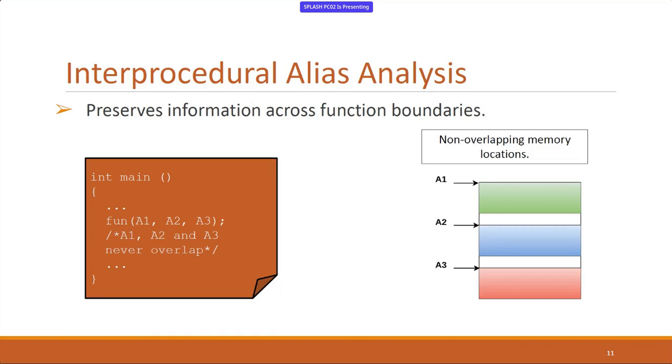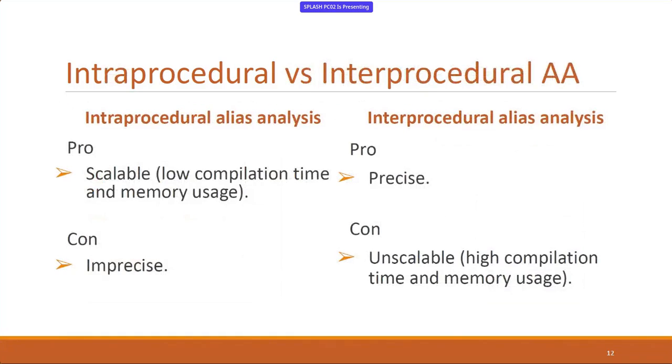However, preserving this information is itself a difficult task, as it is memory intensive and increases the compilation time, as it involves a lot of computation. Therefore, inter-procedural alias analysis is precise but is not scalable for real-world applications, unlike intra-procedural alias analysis, which is scalable but imprecise.